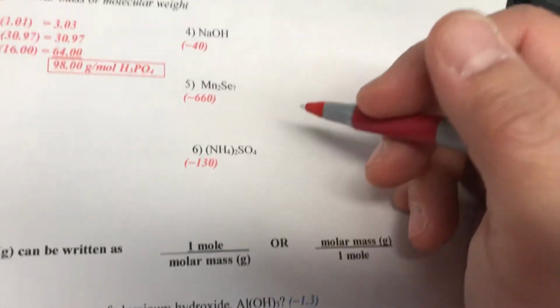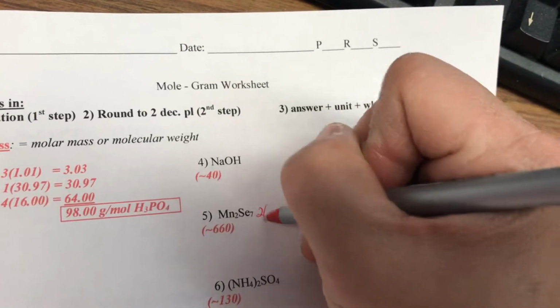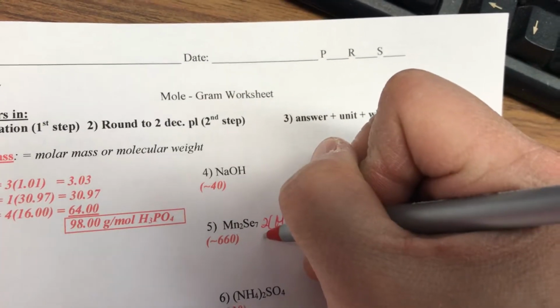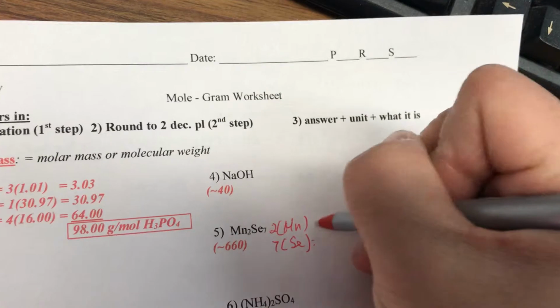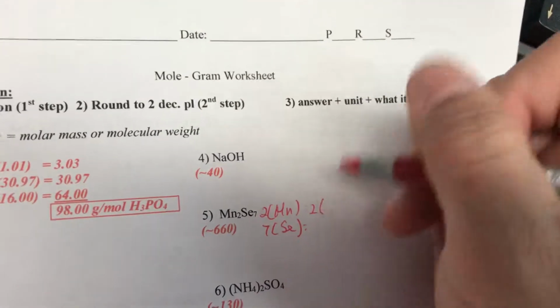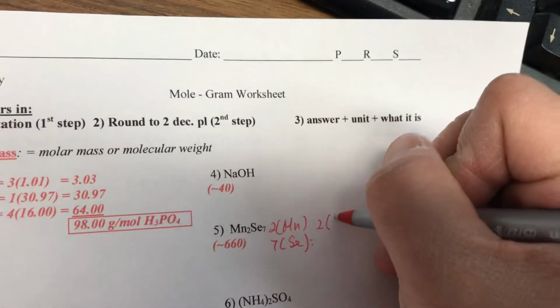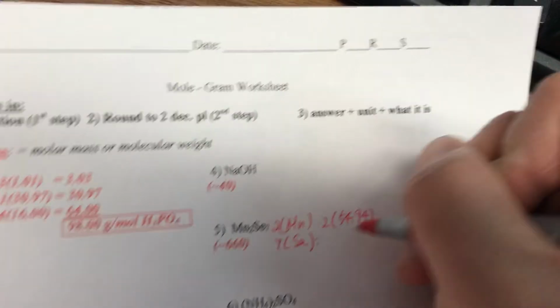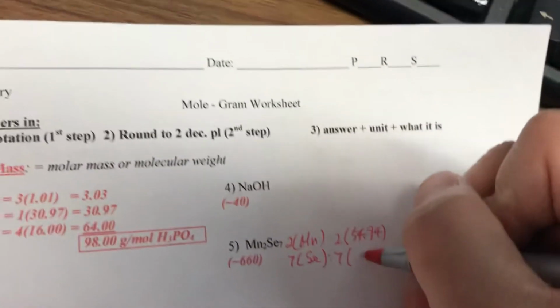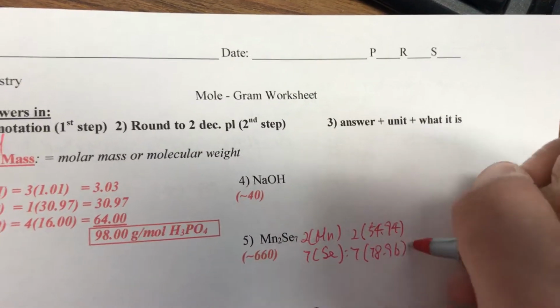So let's do question number 5. Okay, so I got 2 Mn and then 7 Se. The molecular weight of Mn is 54.94. And then Se, I got 78.96.